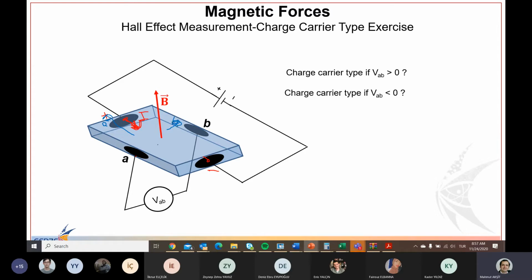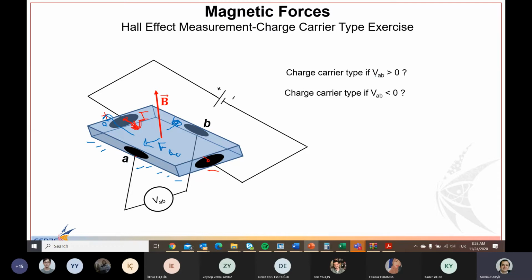So the direction of the force for negative charge particle is this way, FBE, let's say. And if the material was conducting with electrons, then this part of the plate would be charged negatively. So the voltage drop that you would measure would be negative. Okay, for this configuration.